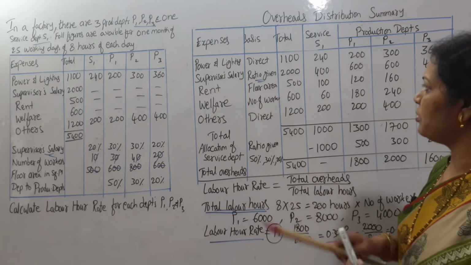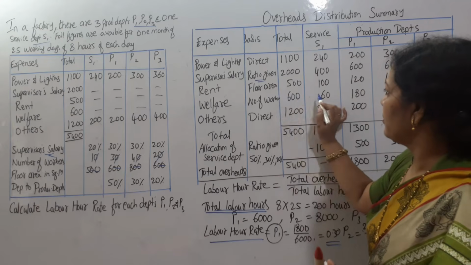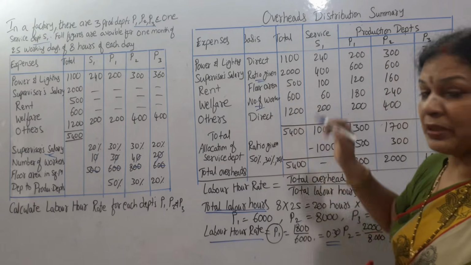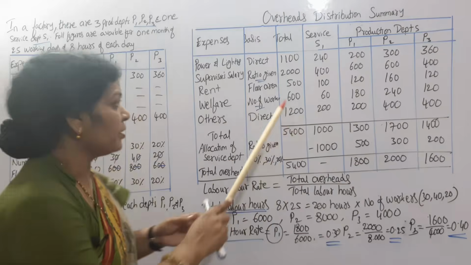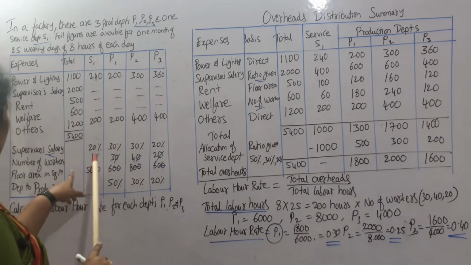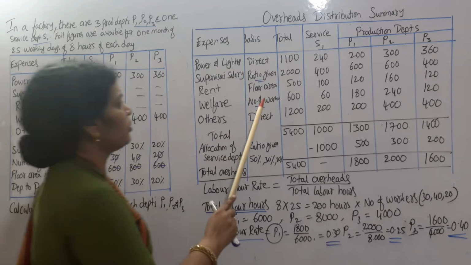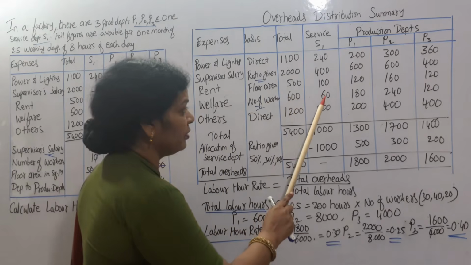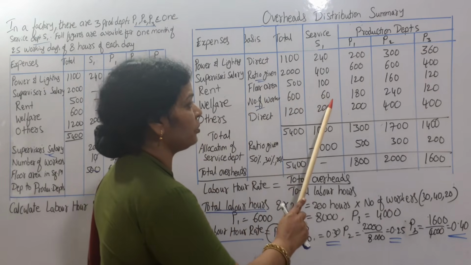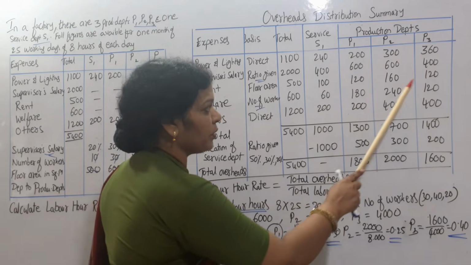In this ratio, if we distribute the 600, you will get 60, 180, 240, 120.